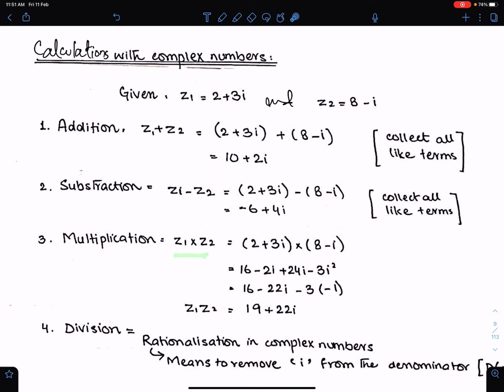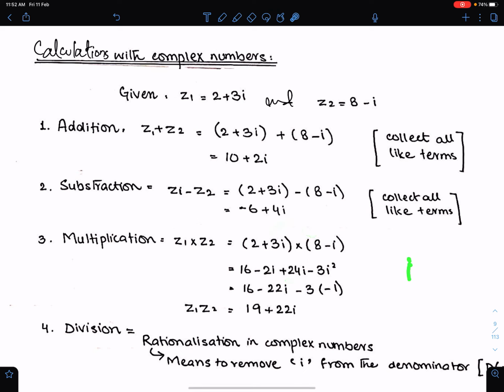Multiplication is simple. You have to multiply the way you do with real numbers. You just need to multiply 2 with the whole bracket first and then 3i with the whole bracket. So 2 times 8 makes 16, 2 times minus i makes minus 2i, 3i times 8 is 24i, and 3i times minus i is minus 3i square.